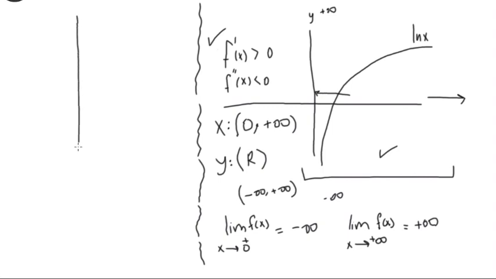For example, when we have this graph, there's a theory that says when we take the inverse of a graph, the graph of the inverse function would be the reflection of this graph around the line y equals x.